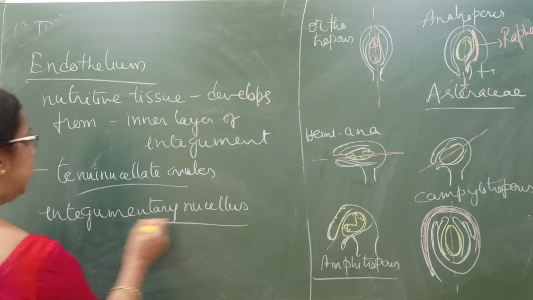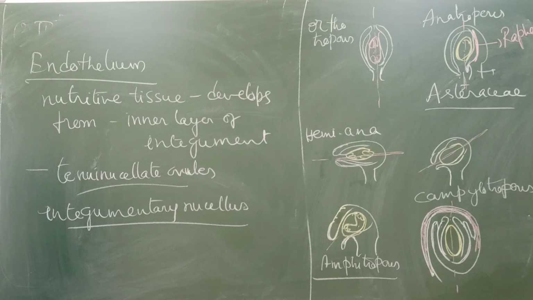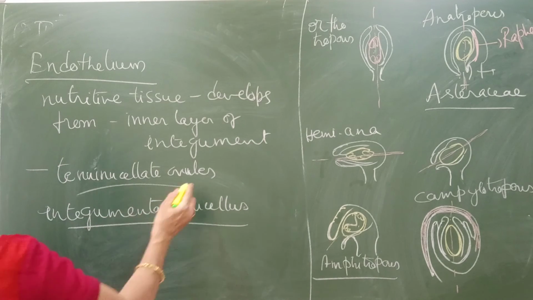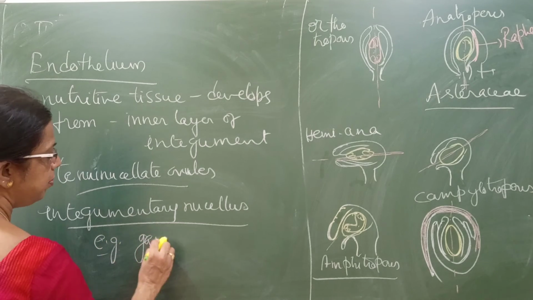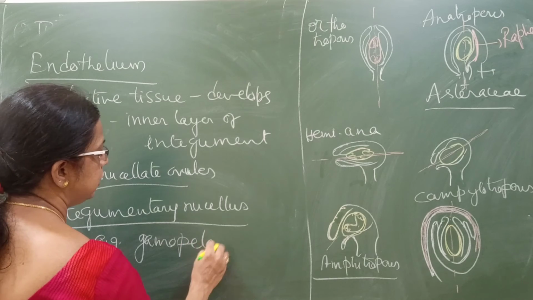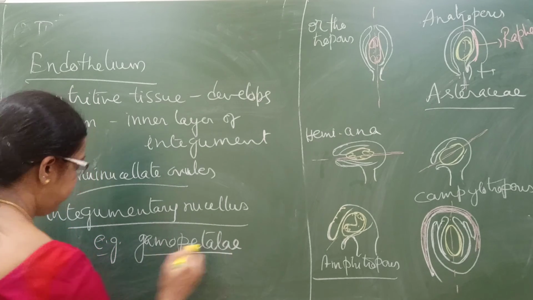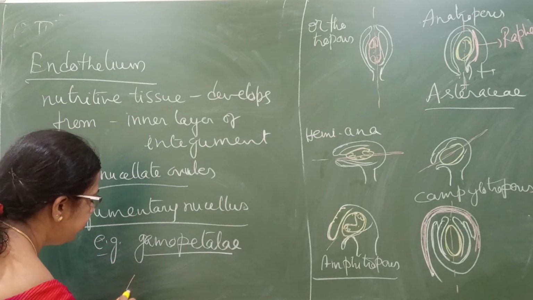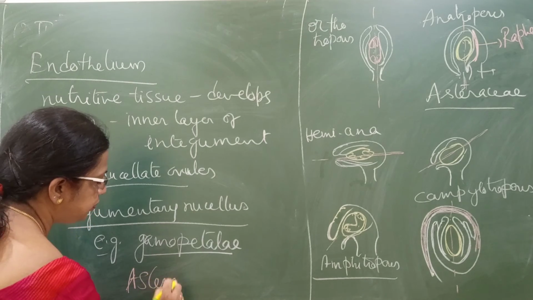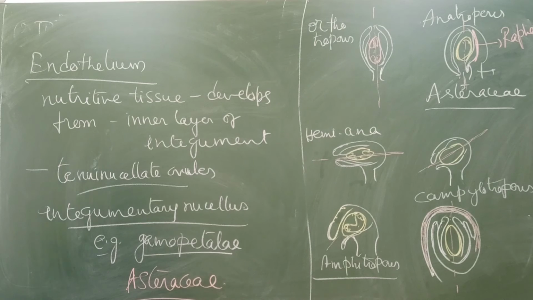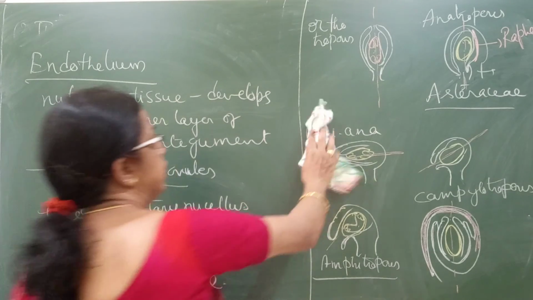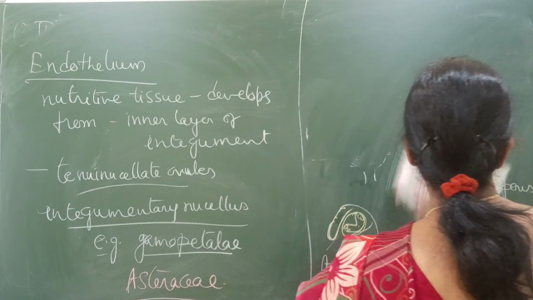Examples are gamopetalous members, like the family Asteraceae.